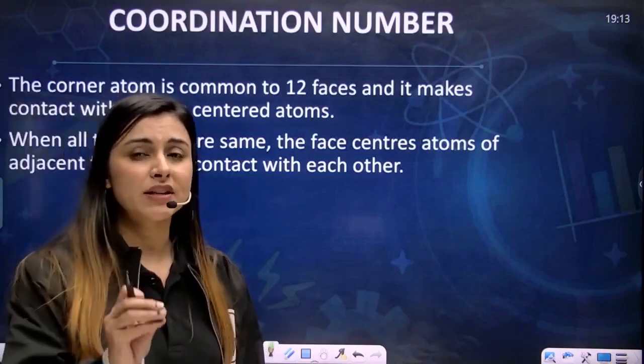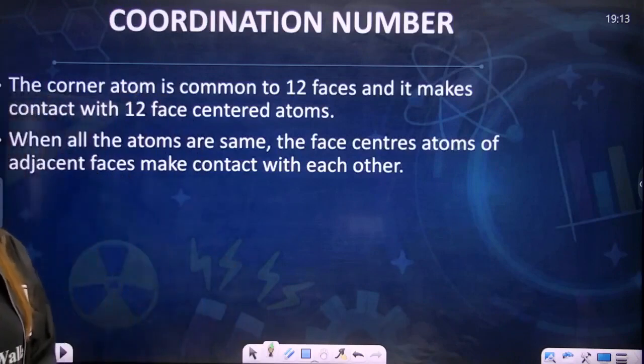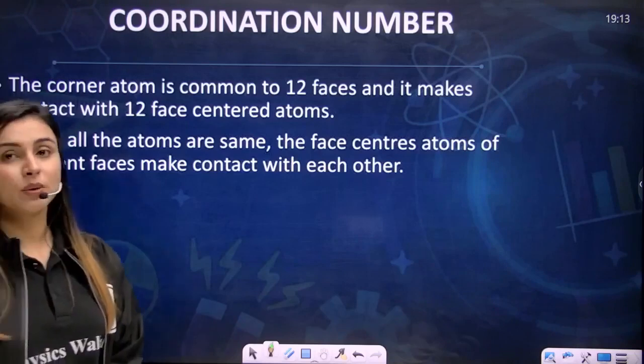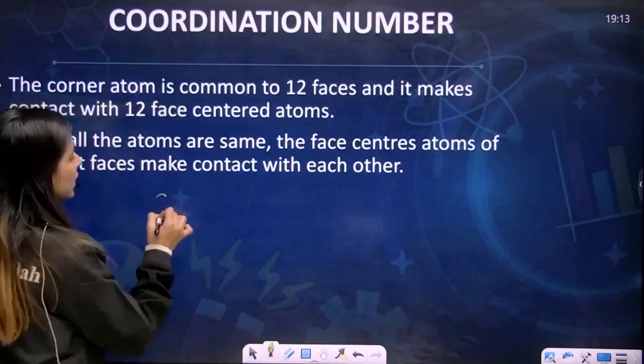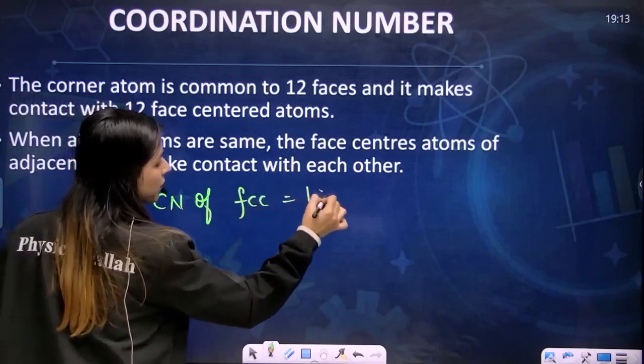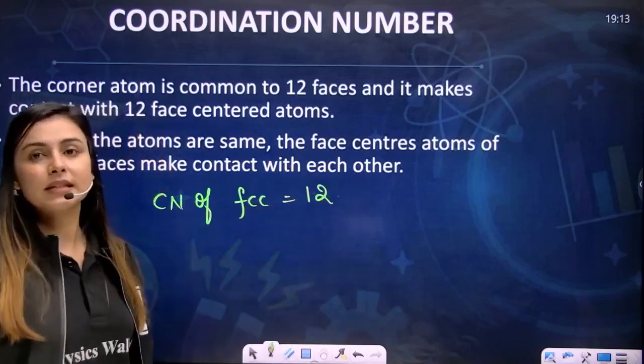I'll make you explain how this comes out to be 12, but just write it down. The corner atom is common to 12 faces and it makes contact with 12 face-centered atoms. Now, when all the atoms are same, the face-center atoms of adjacent faces make contact with each other. So, the coordination number of FCC is 12.